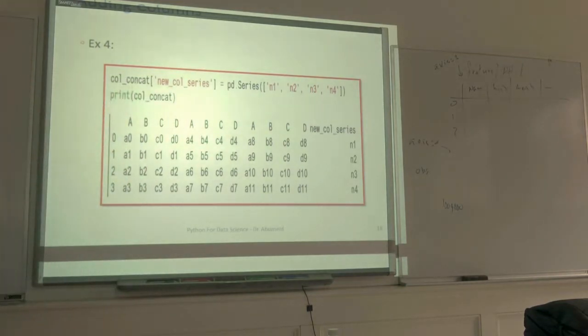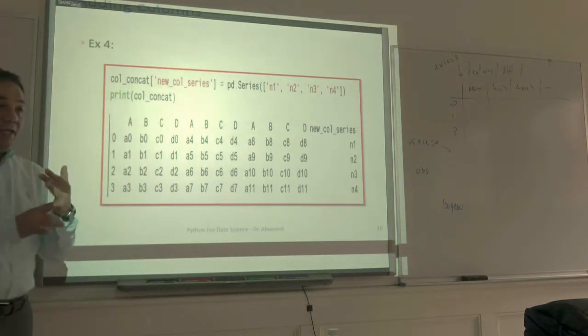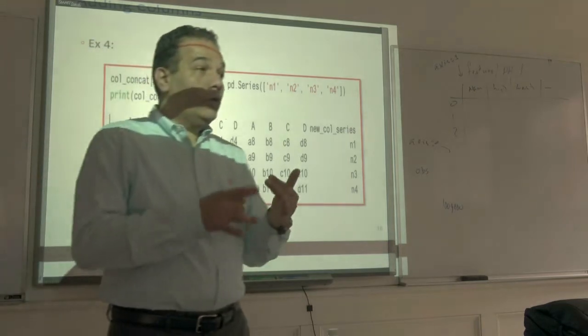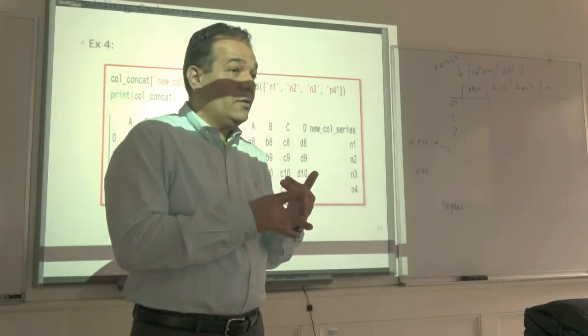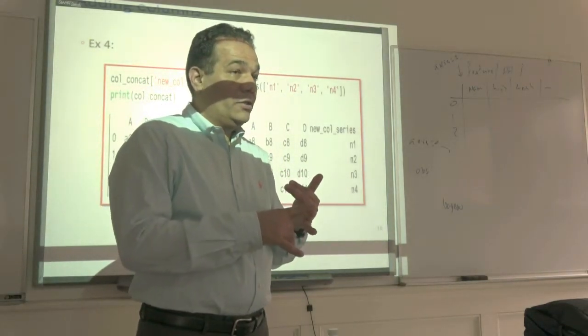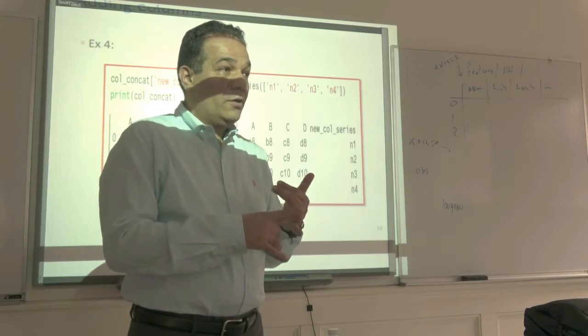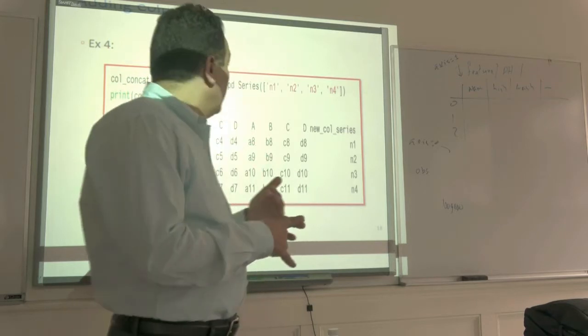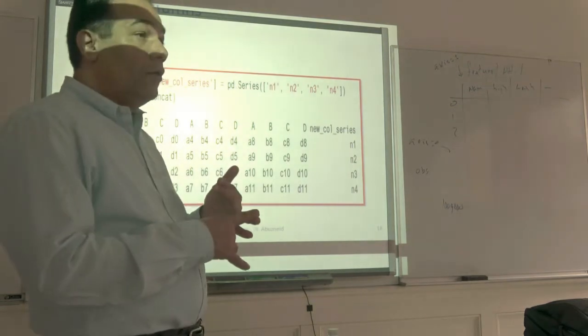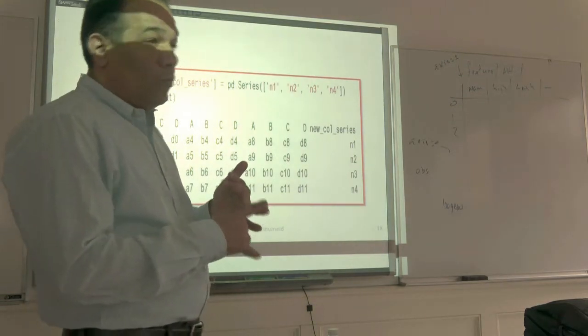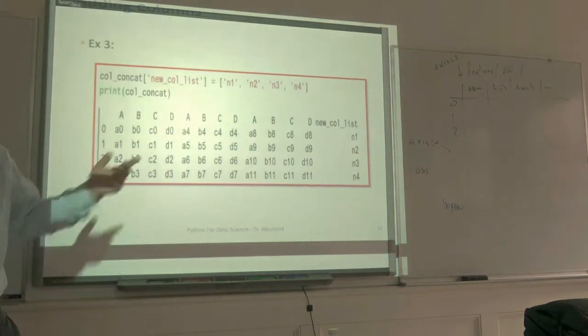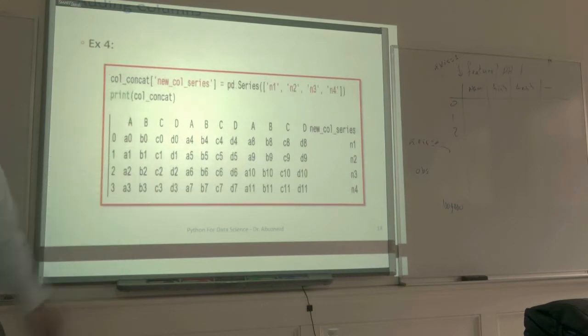So you could add one column using a list or using a series. If you pass a list, it'll be added as a column. This is a list, and this is a series.